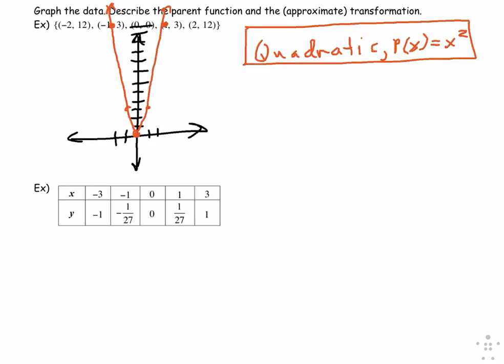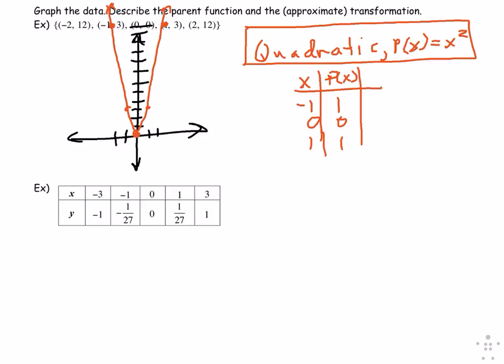And the approximate transformation, so let's use the table. Now that we know it's quadratic, we know that a quadratic function with its parent graph, p of x, should have the following 3 points: -1, 1, 0, 0, 1, 1, because we memorized that from the table.